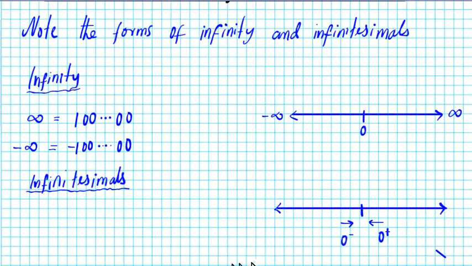Okay? Let's go ahead and represent these. Now, the interesting thing about infinitesimals is they're fractional, so you can write them as decimals or fractions. So let's take a look at 0 from the right. This is the smallest positive number. This is in decimal form.